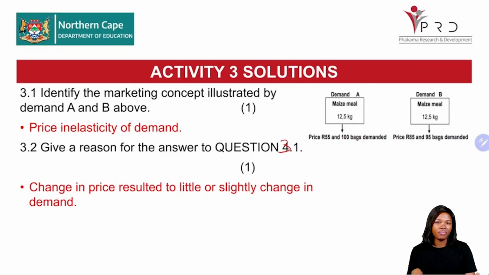That is your reason for price inelasticity of demand. There was no elasticity because, as much as there was a massive change in price, that does not stop consumers from buying the maize meal. They still demanded almost the same bags of maize meal. There was little change in demand.